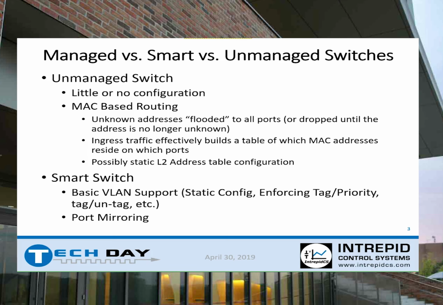It builds an address table and determines where to forward those over time. There might be a little bit of configuration available on an unmanaged switch. You might be able to statically define an L2 table, an address table, so that there's no initialization at the beginning, but much more functionality than that.